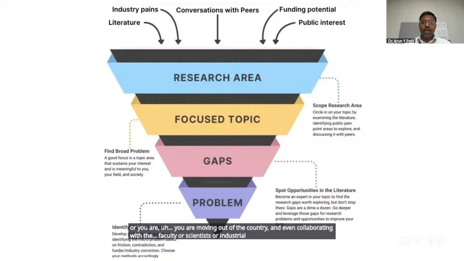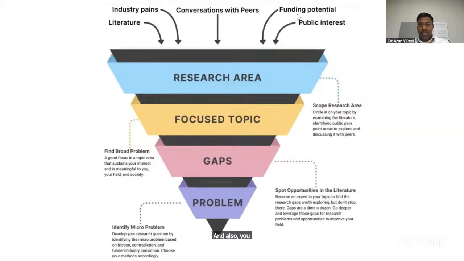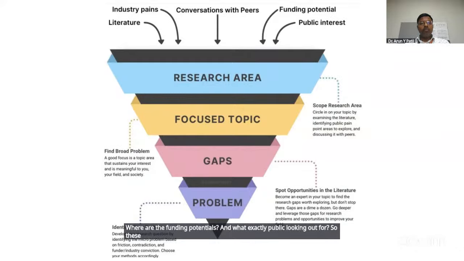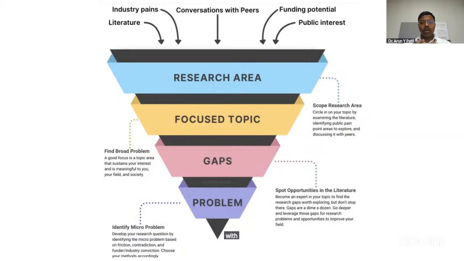Also, you have to see where the funding potentials are and what exactly the public is looking out for. So these 5 inputs should be there with your problem statement. Then it becomes much more relevant and it can last longer in terms of the requirement.